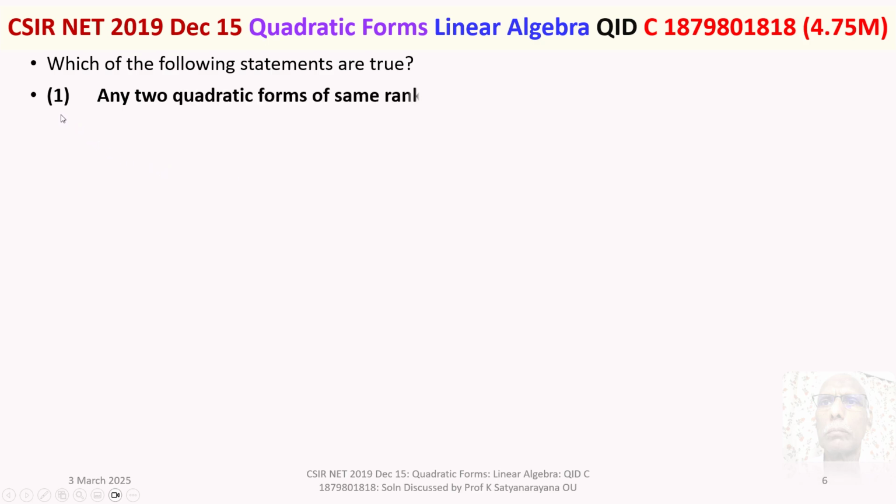We consider option 1: any two quadratic forms of the same rank in n variables over R are isomorphic. Is it true? What do we require for the isomorphism over the real field? We require 2 conditions.